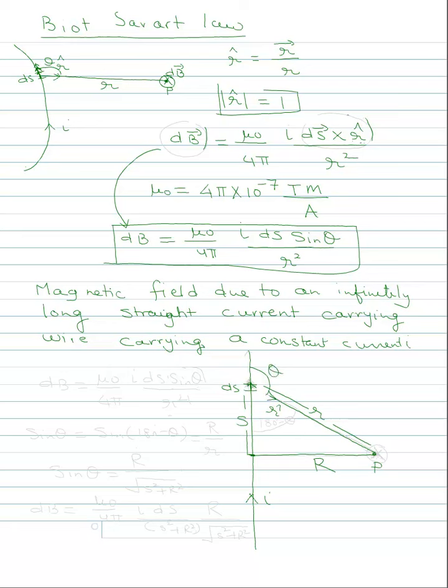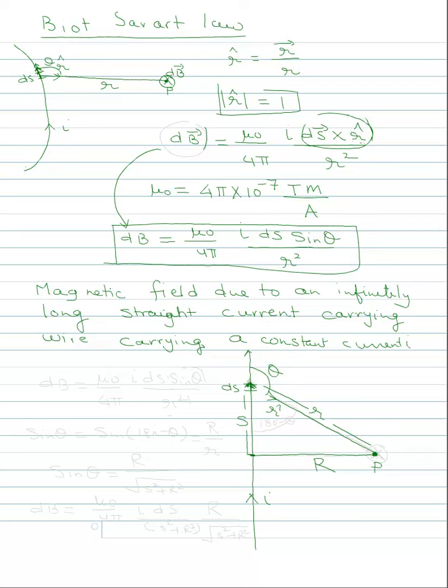So in this particular case, and notice that our wire is infinite on this side and it's infinite on the other side too. So let's figure out what is the direction of magnetic field due to this infinitesimal current element using our right hand rule. So remember, the direction of magnetic field at this point P due to this infinitesimal current element will be given by the direction of ds cross r hat.